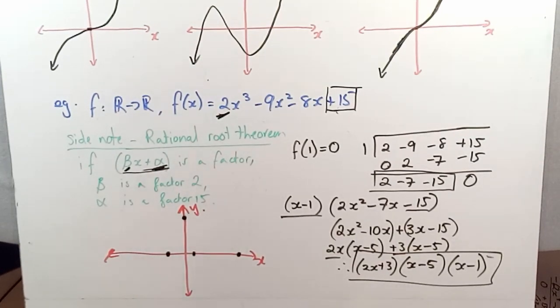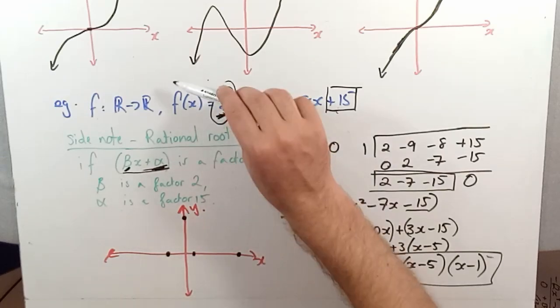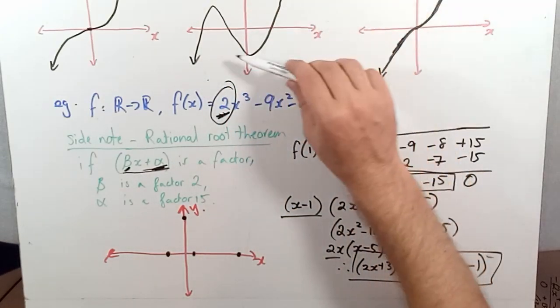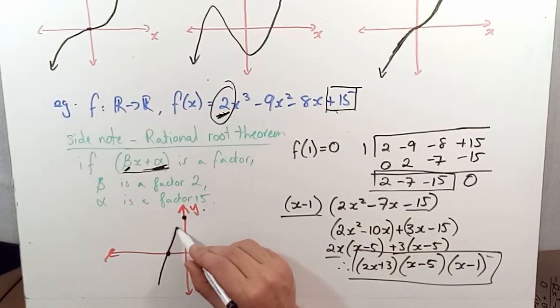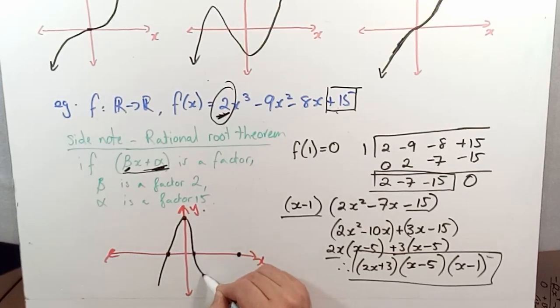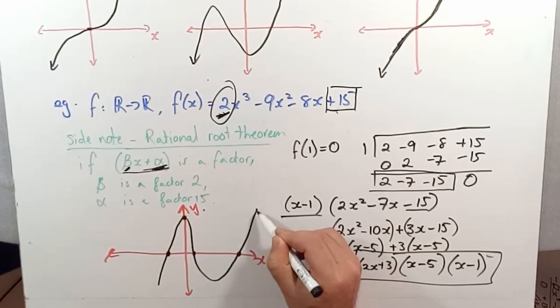And do I need to know anything else? Do I need to make a sign diagram to try and work out which way it is? No, I don't, because I know which way it is. I know that this is a positive number, so it's going to be an upright cubic. So I know it goes up like this, goes down like this, and then it turns like this.